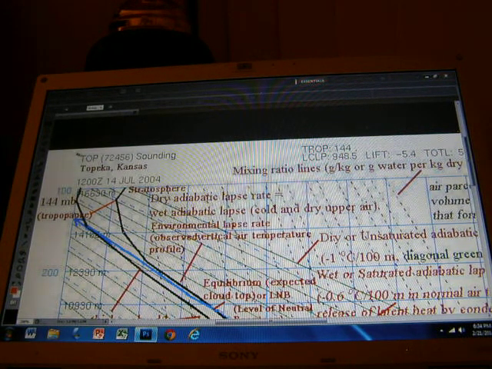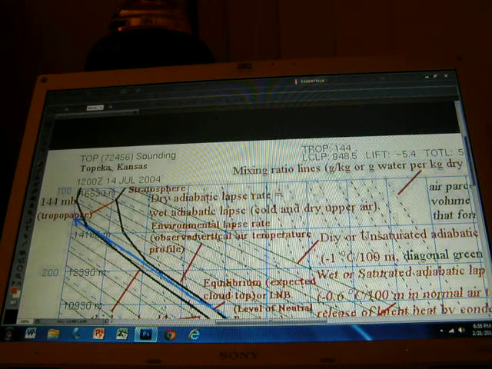We look at the label here. It's TOP. Top means Topeka, Kansas. 72 stands for the U.S. number. 456 is Topeka's station number. This is the radiosonde data, so we call it a sounding.